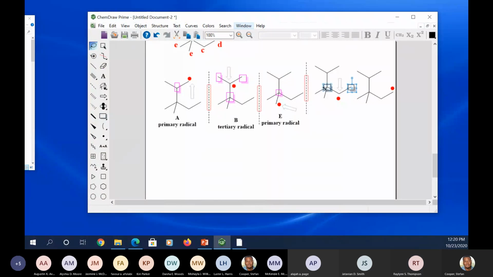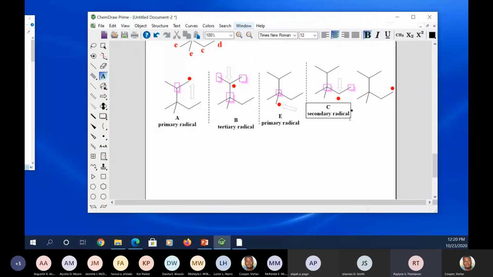So that makes this a secondary radical. And the last one at the end, primary. That's right, it's going to be primary. This came from C. Secondary.